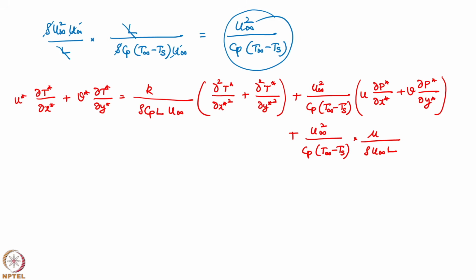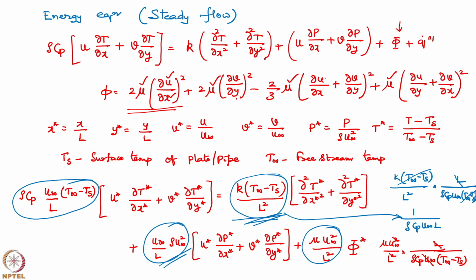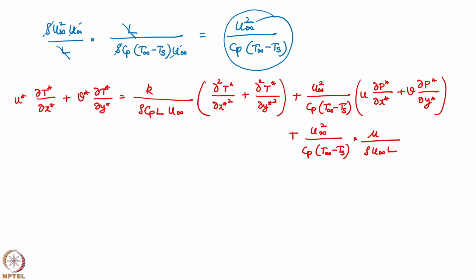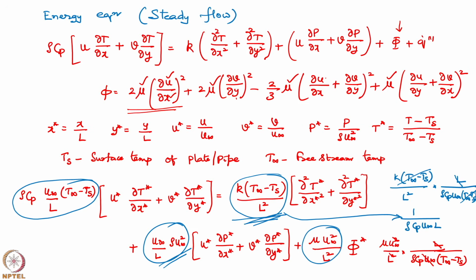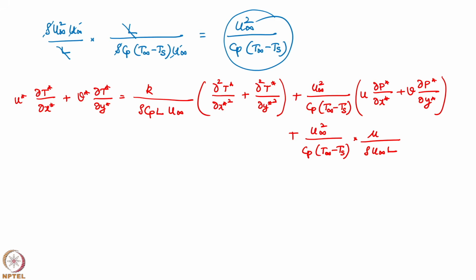For u infinity squared, you get mu u infinity squared divided by L squared into L divided by rho Cp into T infinity minus Ts into u infinity.